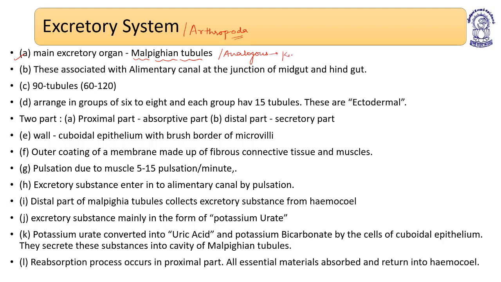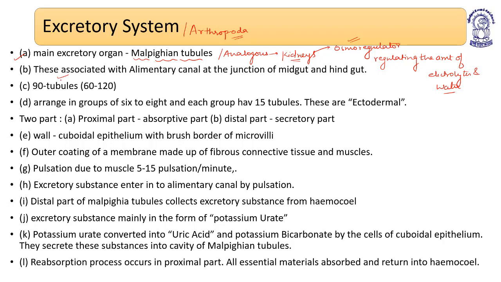In humans, kidneys act as an osmoregulatory organ, which helps in regulating the amount of electrolytes, meaning salt, and water. The same function is done by Malpighian tubules in cockroach.